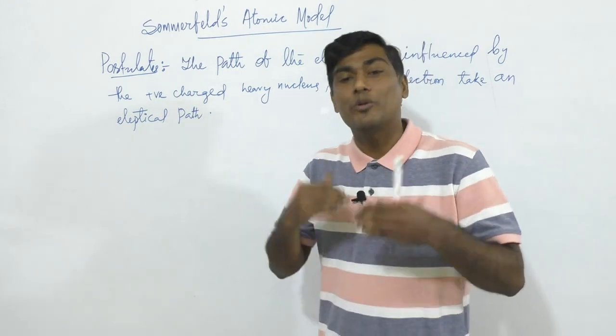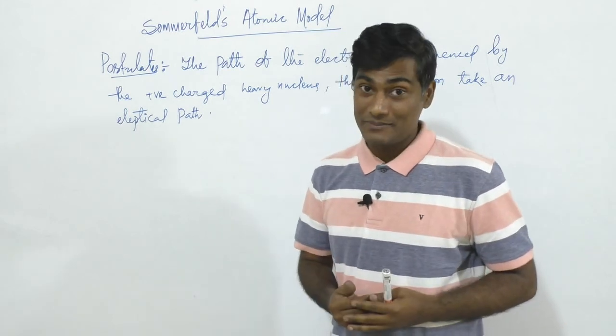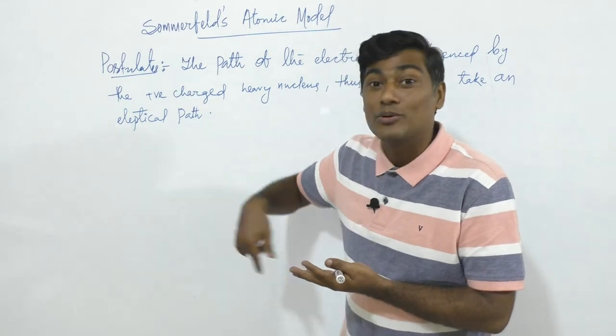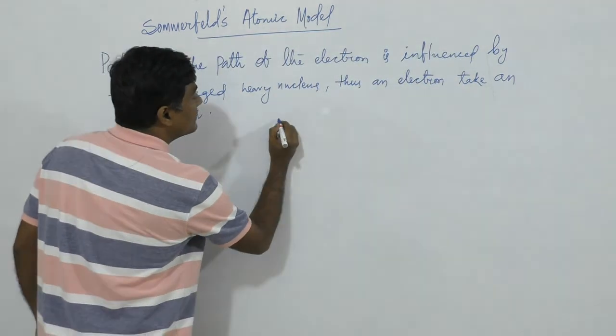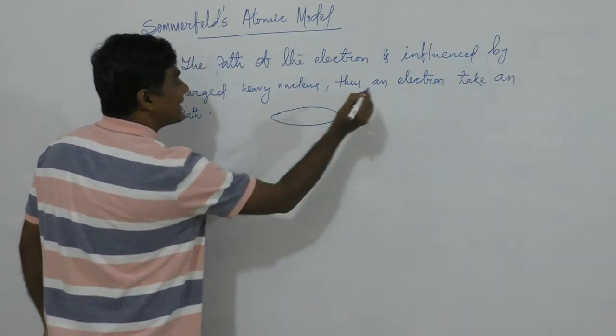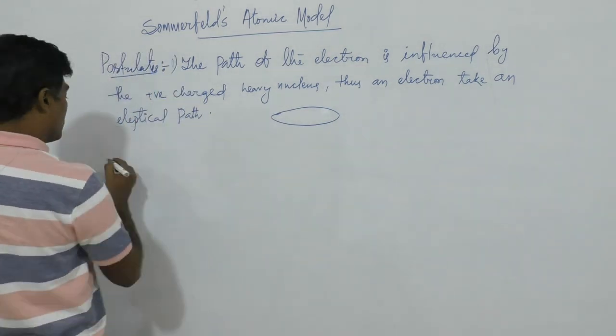Here we say the orbit can be elliptical also, right? That is due to the influence of the nucleus on the path of the electron. So we can write here that the path of the electron is like this, an ellipse. This is point 1.